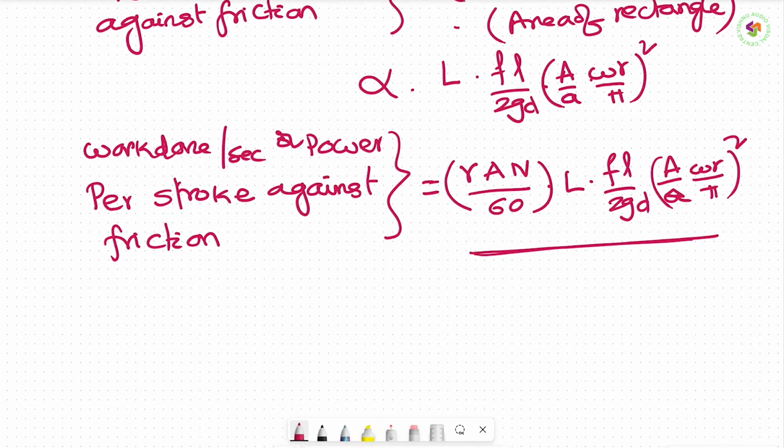Now I call this P2, whereas the previous one is P1. So what is P2?